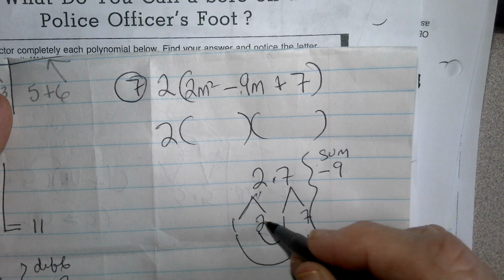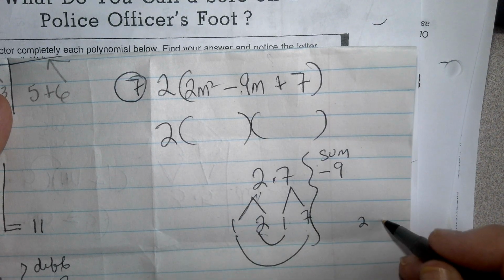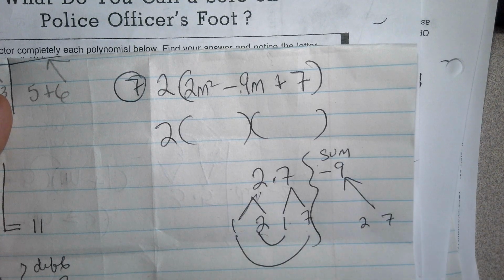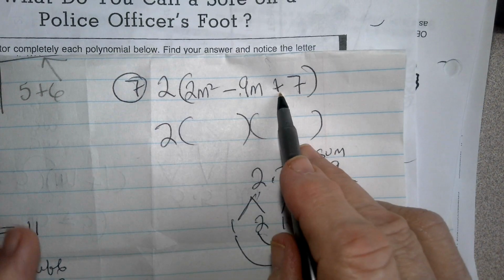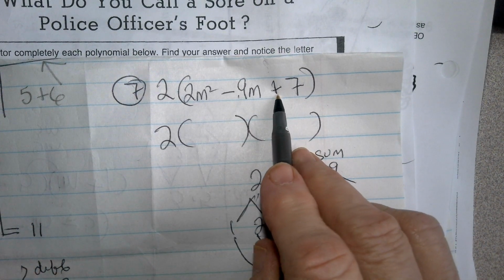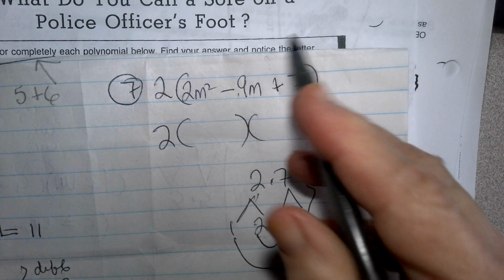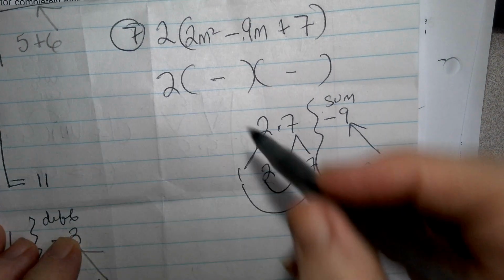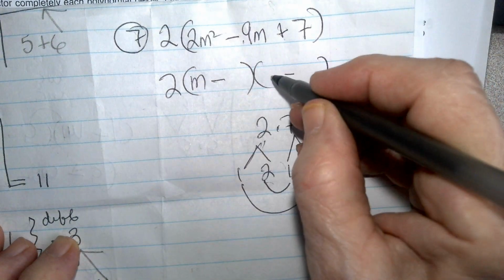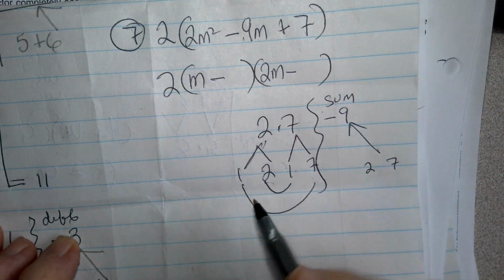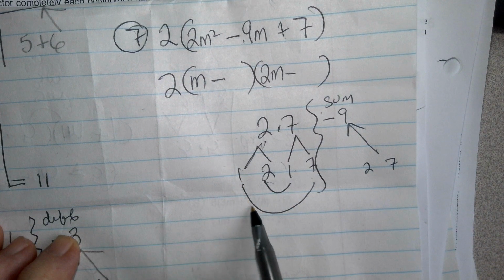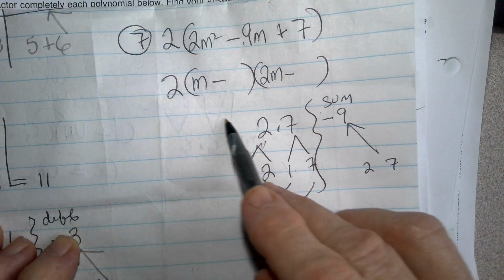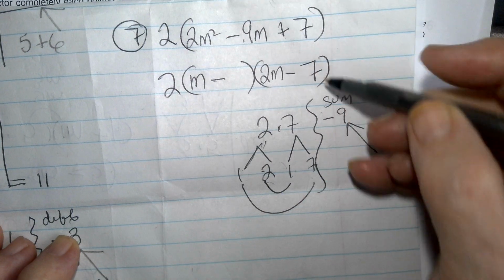There you go. 2 times 1 is 2. 7 times 1 is 7. And both signs will be the same. Who knows what the signs are going to be? Minus. They have to both be negative. And so 1 times 2, 1m times 2m. And that 1 goes with the 7.